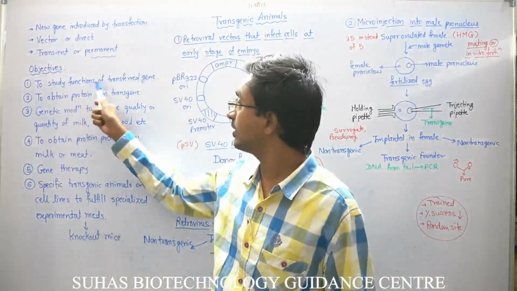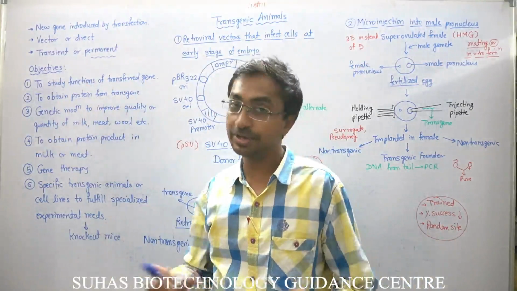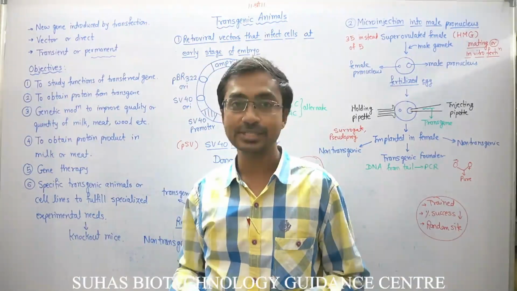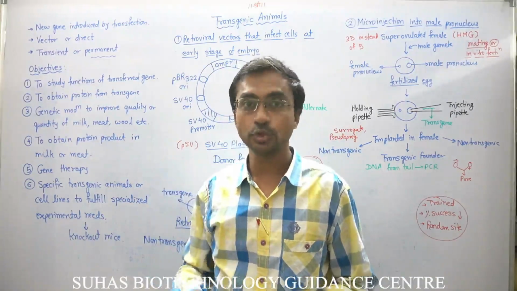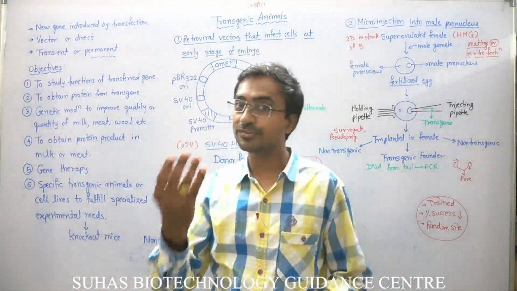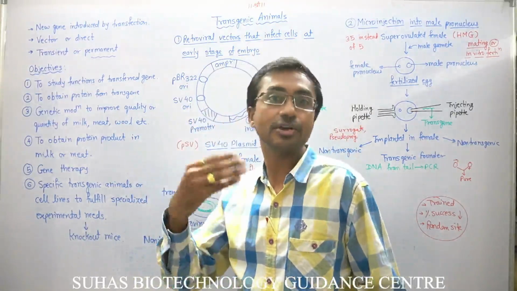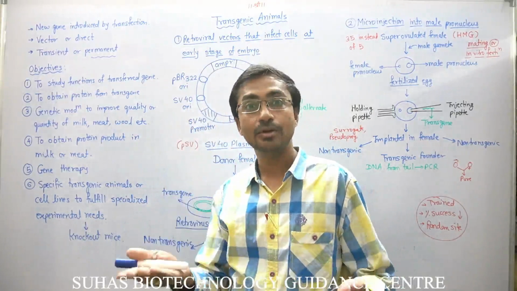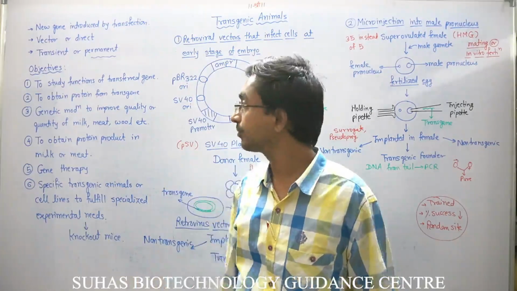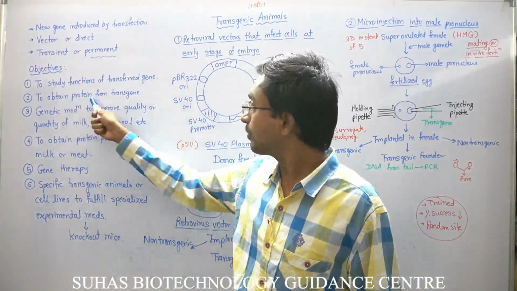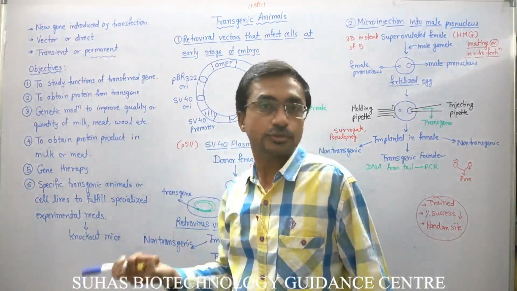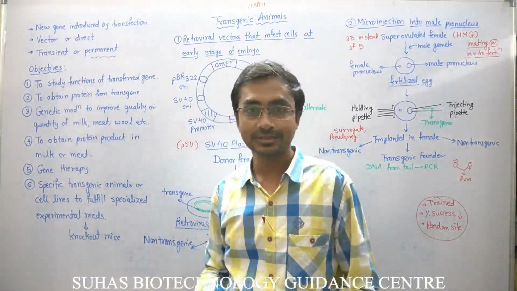What are the objectives? First, to study the functions of transferred genes. Many times, many genes are not well known, so we want to study their functions, and for that we can form a transgenic animal and see the effect of this gene. Then, to obtain protein from the transgene.